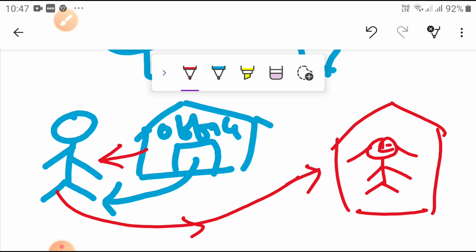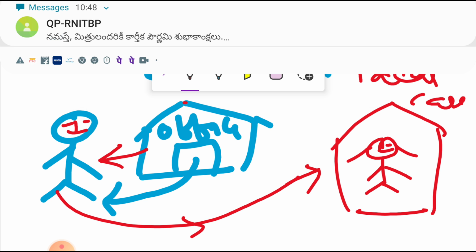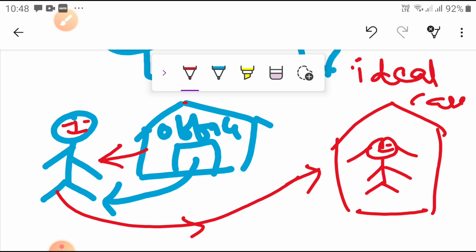Your mother is happy. This is the ideal case. That means there is no misuse of the amount on the way, and no debits or loans in the office. In this case your father is the ideal father.